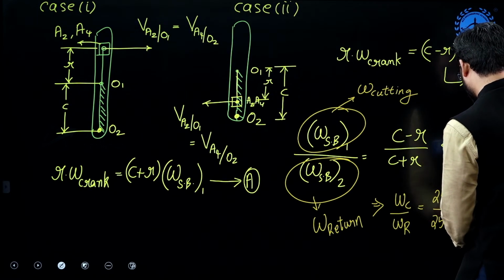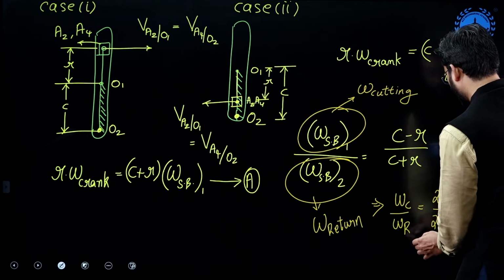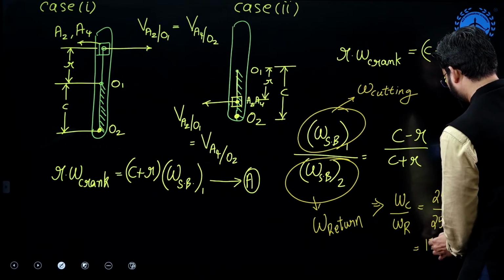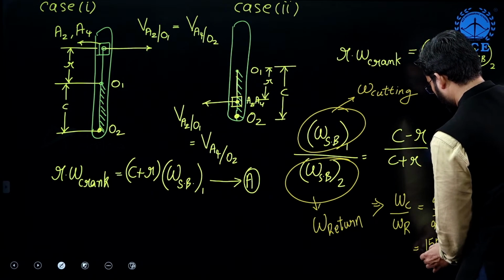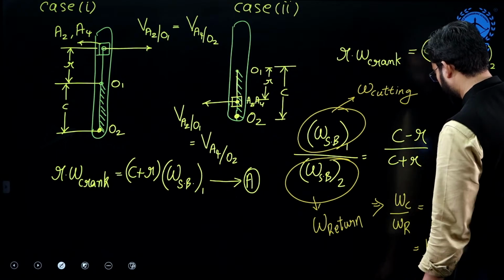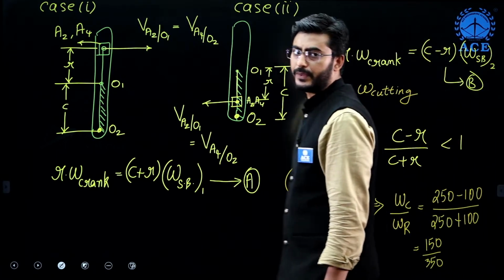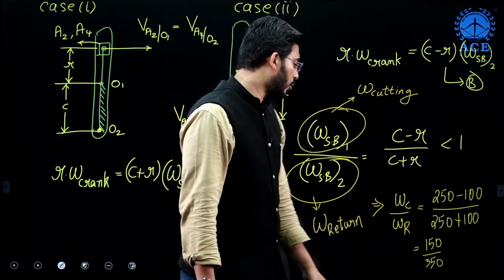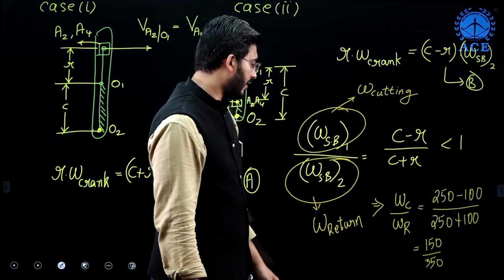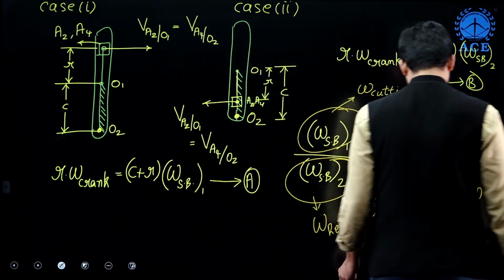That is 150 divided by 350. So 150 by 350 is approximately 0.56 or 0.57, or about 0.6.